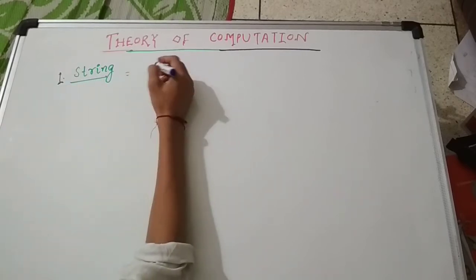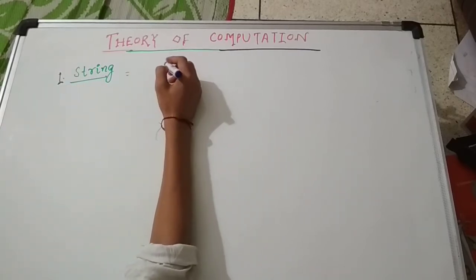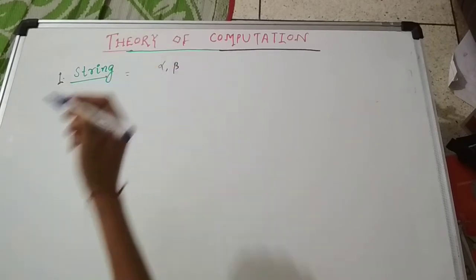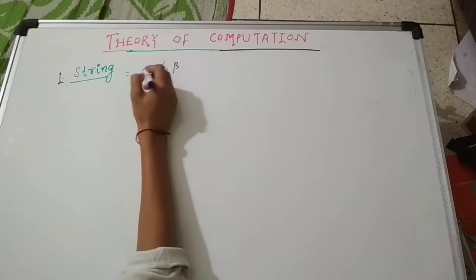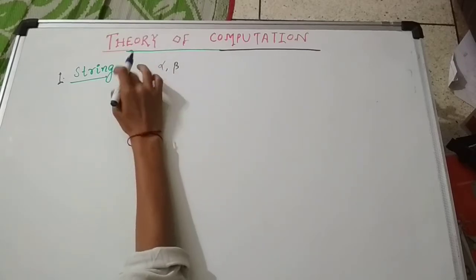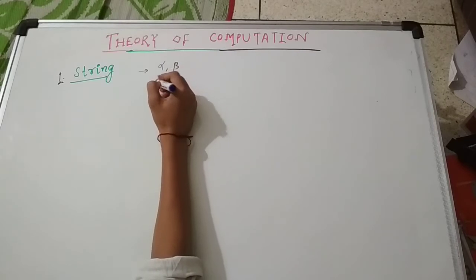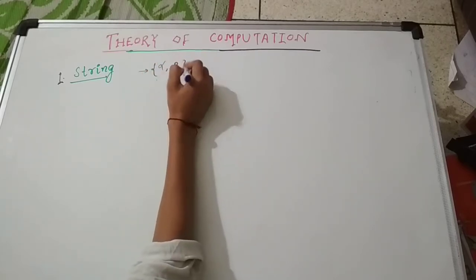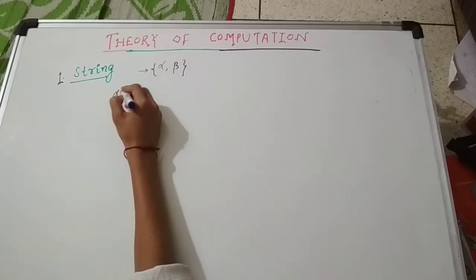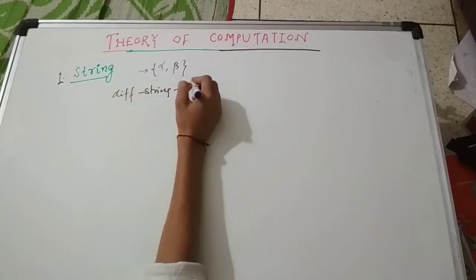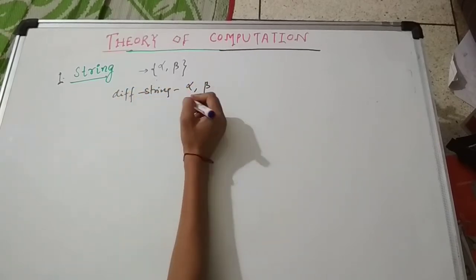Let us assume that we have symbols alpha and beta. Then how many strings can we form of length 1? For length 1, the different strings will be alpha and beta.